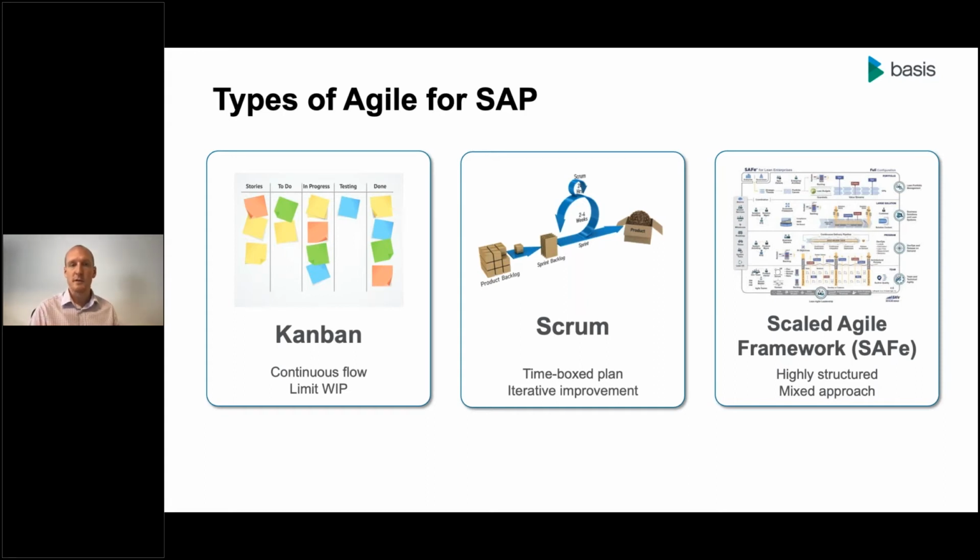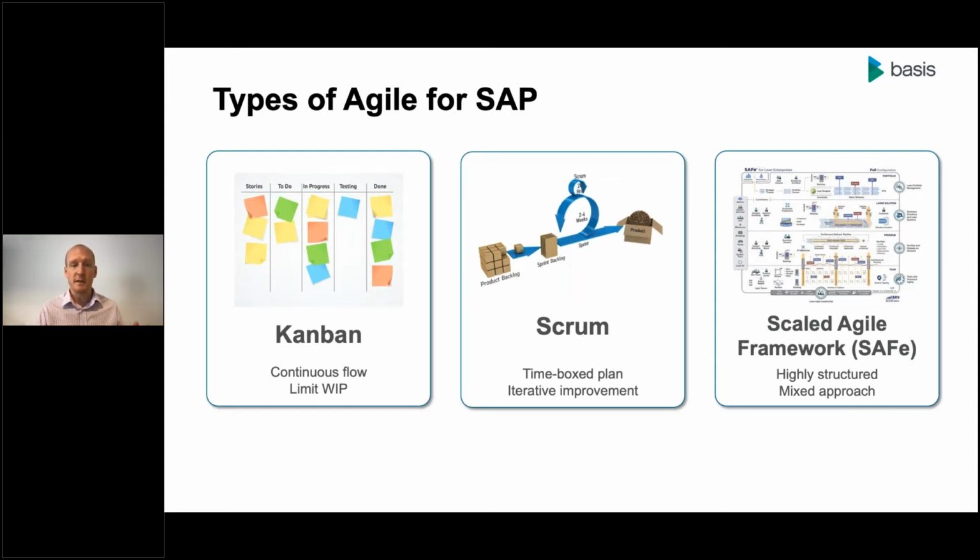We don't come across SAFe that often, to be honest, but we do sometimes see it in larger organizations. And as you can see on the screen there, it's kind of a mixed approach. You'll see Scrum, you'll see Kanban in there, you'll see some elements of continuous delivery, you'll see Lean in there. So SAFe is a more overarching model for those organizations who really want to go all in on Agile and be quite standardized.